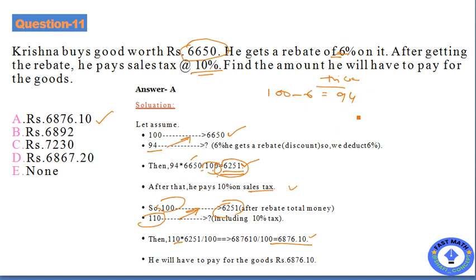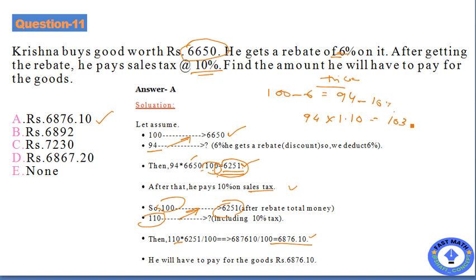After that he got 10% additional. That means 94 into 1.1. Why am I getting 1.1? This is the 10% extra. 1 is the 100%, 0.1 is the 10%. That is 94 into 1.1, nothing but 103 point.